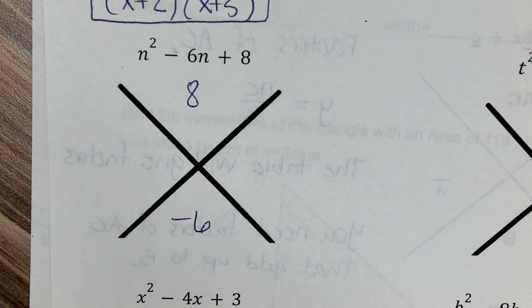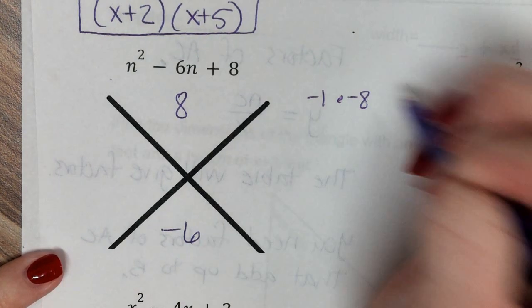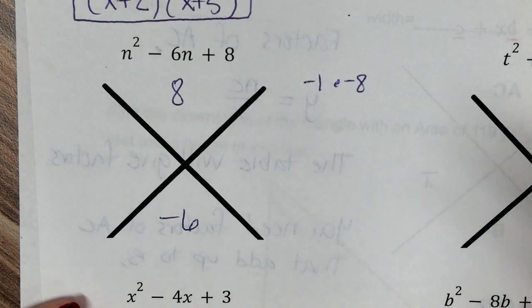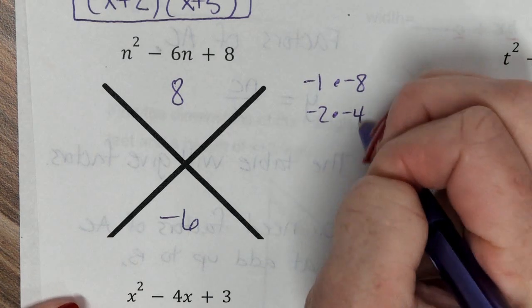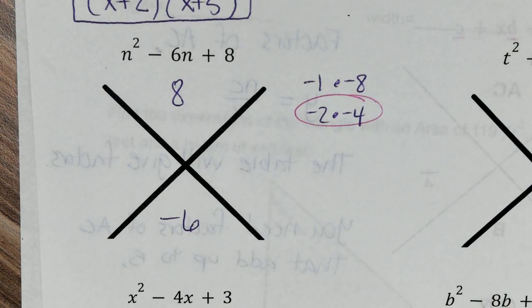But if I add up 2 negatives, won't it give me a negative answer? So I need 2 negatives. All right, so let's talk about factors of 8. I have negative 1 times negative 8, but that does not add up to equal negative 6. I have negative 2 times negative 4. That does add up to equal negative 6. Yes? So those are my factors.